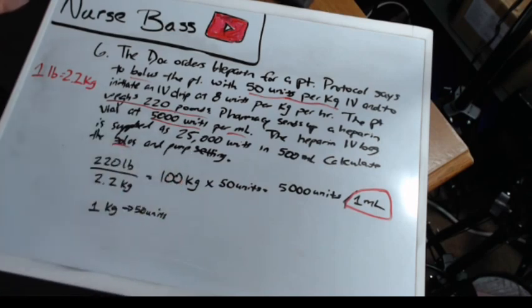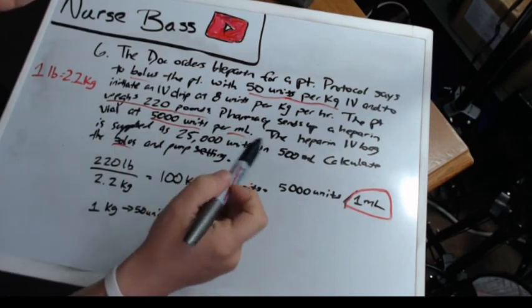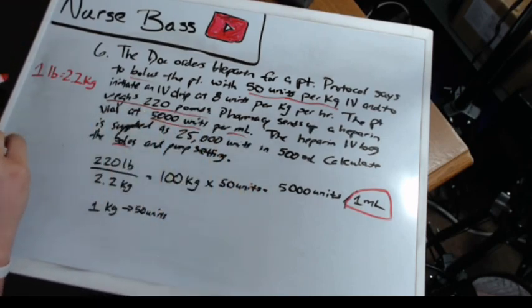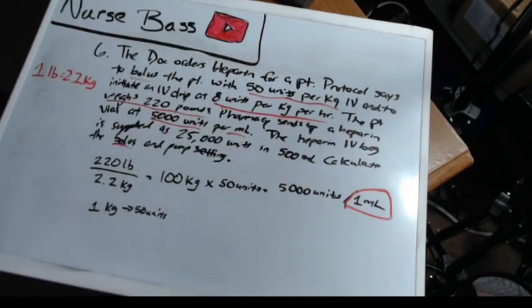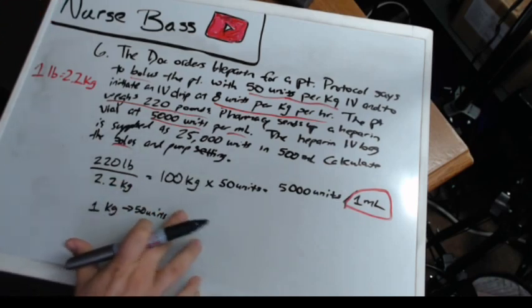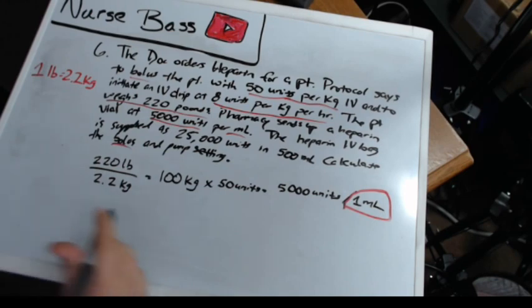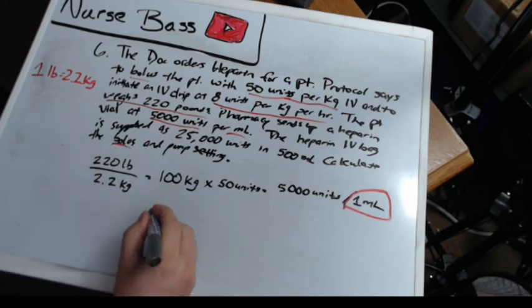We want to know the pump setting. So they say to initiate an IV drip at 8 units per kilogram per hour. Okay? We know that the patient weighs 100 kilograms. Okay?